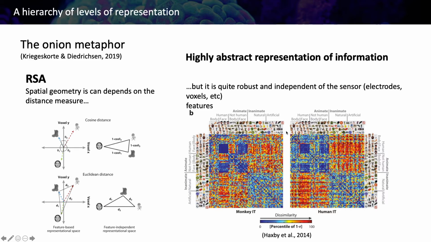And in the end, what you can see is that the mapping is very similar in the monkey and in the human, and that opens some space to evaluate how representations can change in different stages or different ages, and it's a very interesting and very straightforward tool.